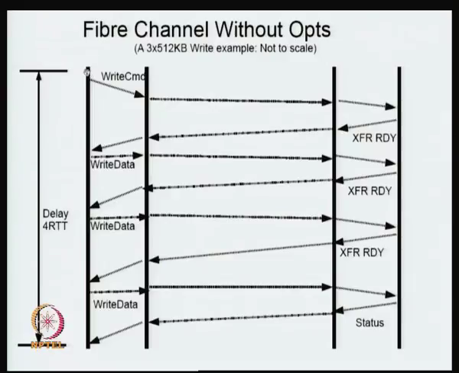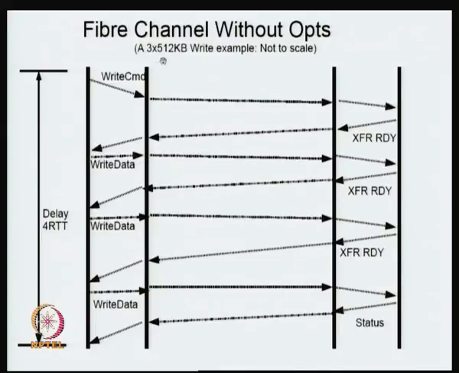So what we are talking about is, I do a write, then it has to traverse this Fiber Channel network. It goes all the way up to this point, this write command. Once it is received by the target, it will allocate some buffers and say I am ready to transfer. Again, it has to percolate back all the way up to this point. Once the transfer ready command comes, then it can actually send the data.